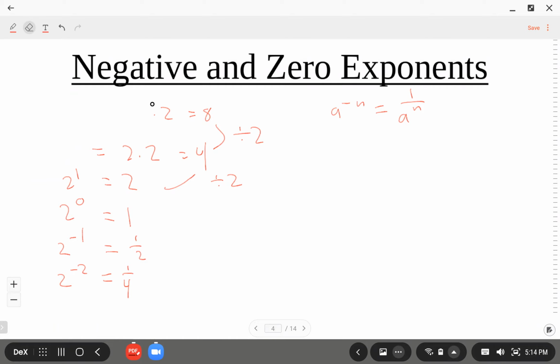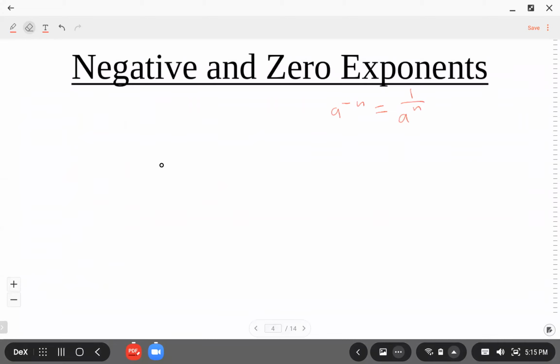Actually, before we move on to our review problems, I want to review another thing. So I hope you all remember the properties I introduced last time. Remember there are three multiplication properties for exponents and three division properties for exponents.